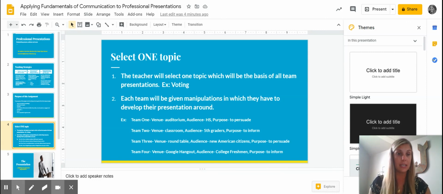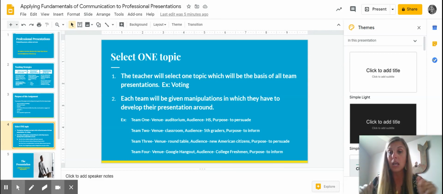So each team of 3 will be given manipulations. As you can see over here, team 1, their venue will be an auditorium. Their audience is going to be high school seniors, who should be of age to vote. And their purpose is going to be to persuade them to register, or however that team wants to take it, to register or just vote.